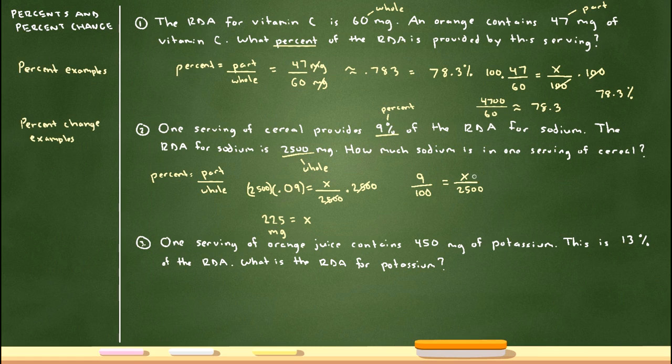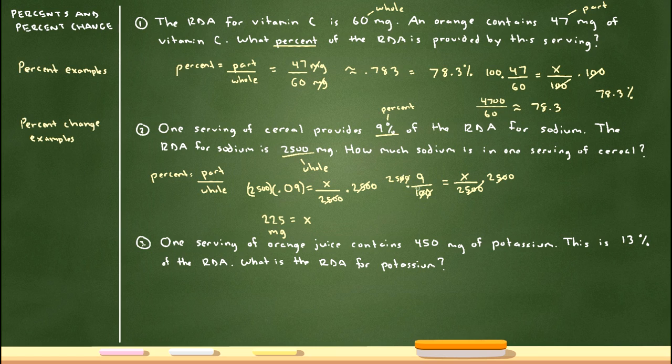So in order to solve for x here, we would go ahead and multiply both sides by 2,500, just like we did in the previous case. And one nice thing about multiplying by 2,500 here is we see that zeros have a nice tendency to cancel out like that.